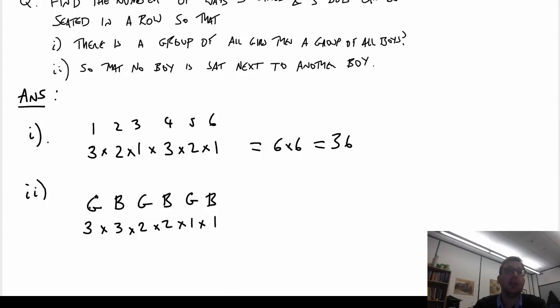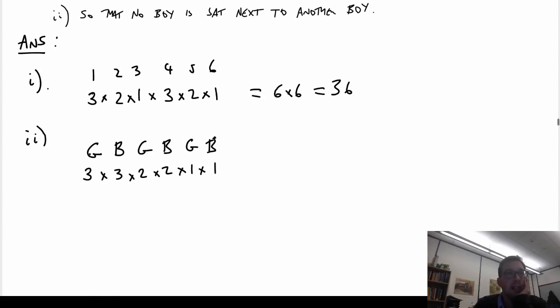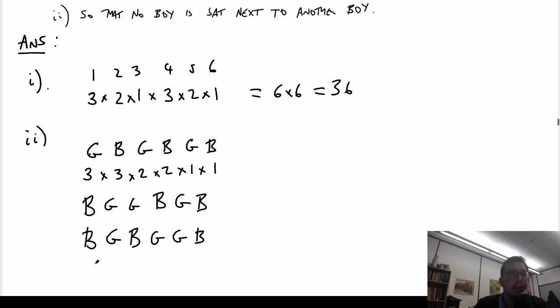I can move this G into each position here. So we end up with G, B, G, B, G, B, B, G, G, B, G, B, B, G, B, G, G, B, and finally G, B, G, B, G, B, G. I've gone through all the combinations of the different ways of having girls and boys, so no two boys are sat next to each other.